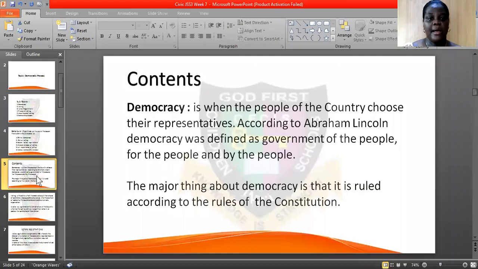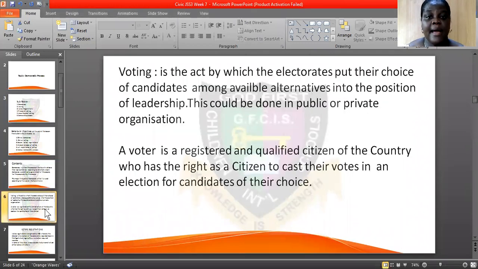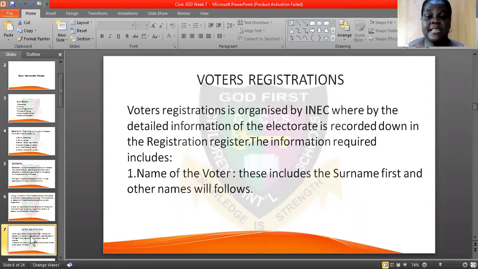Welcome back. What we are saying is that the people have to choose whether they want to be in power. And there is another person called a voter, which is considered to be a registered and eligible person that is qualified to vote. And voting is the act of putting people into the post of leadership.